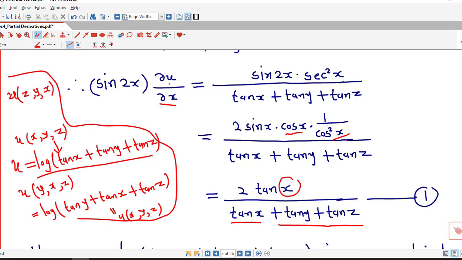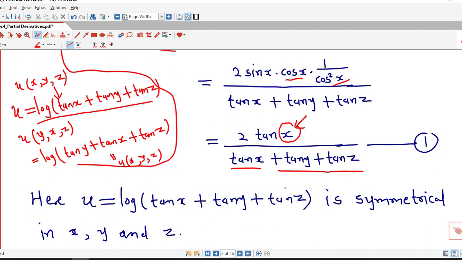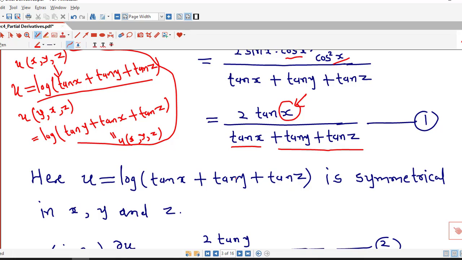So by this symmetry, if we have sin 2y into del u by del y, here we will replace x by y. And if we want to write down sin 2z into del u by del z, here we will replace x by z. So here u is symmetrical in x, y and z.